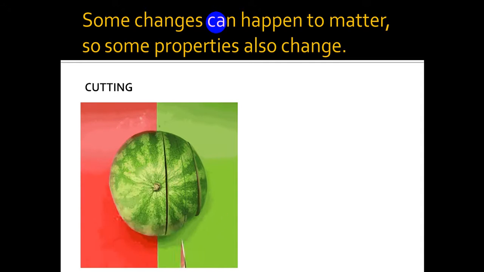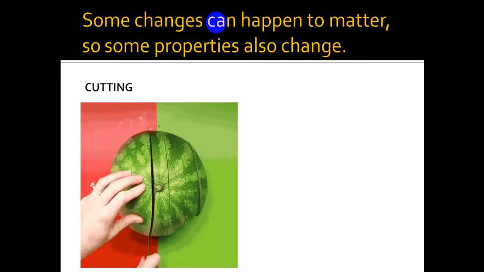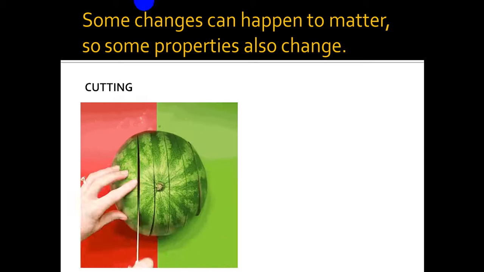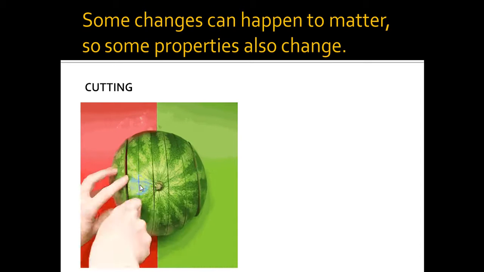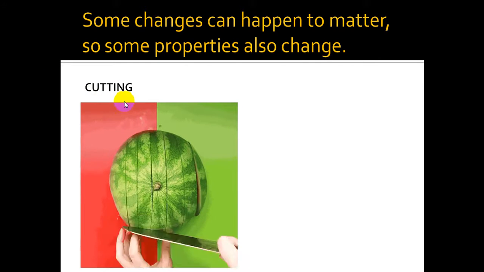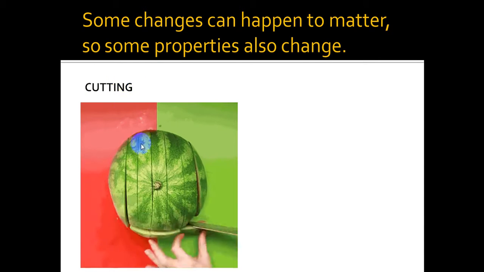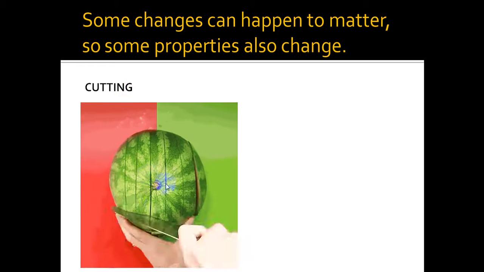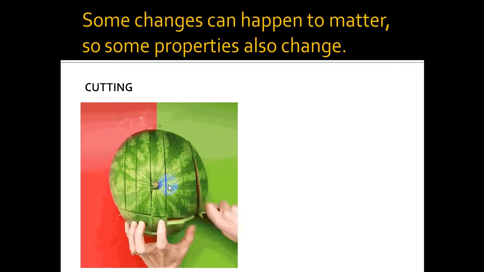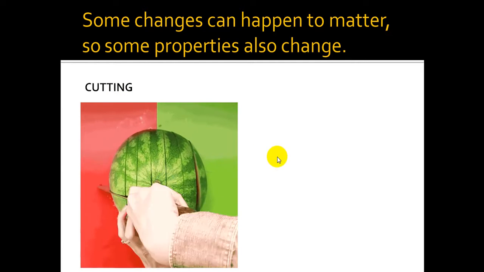A physical property will also change. Which physical properties changed here? The shape changed. Also the size changed. So cutting is a physical change, and according to this physical change, physical properties like shape and size also change.